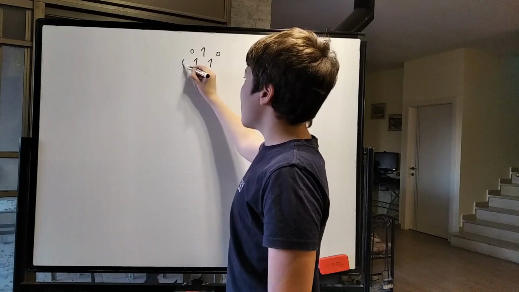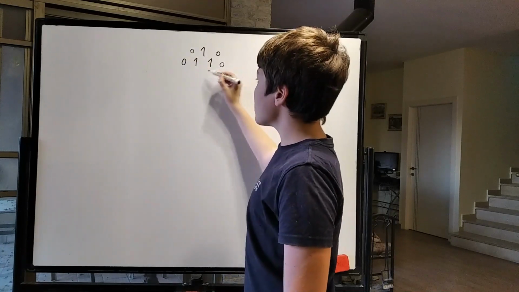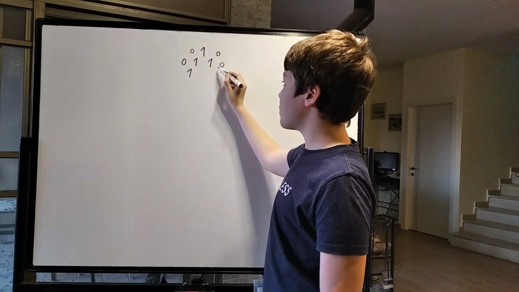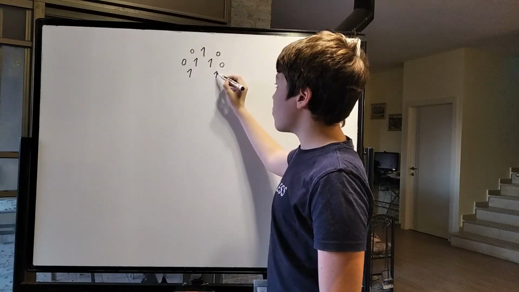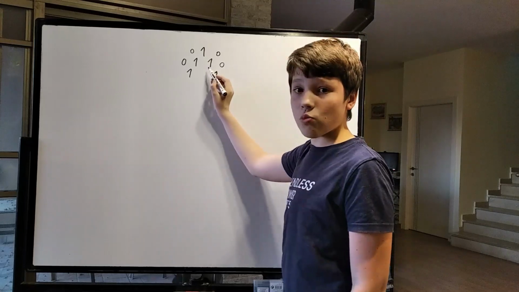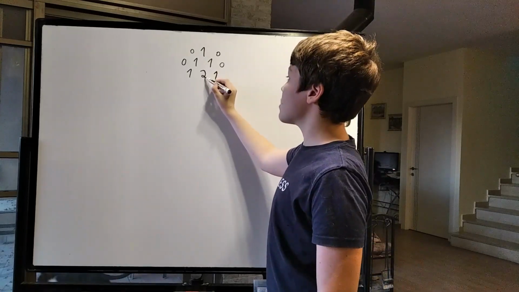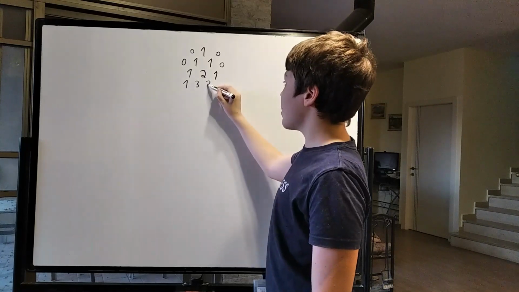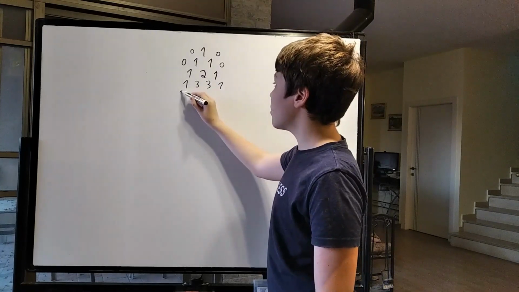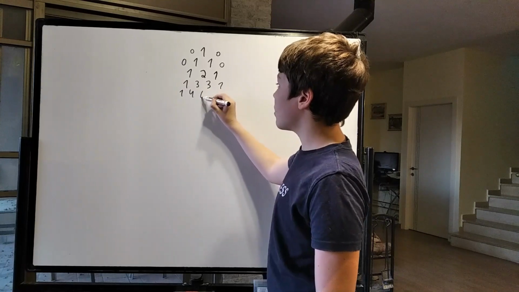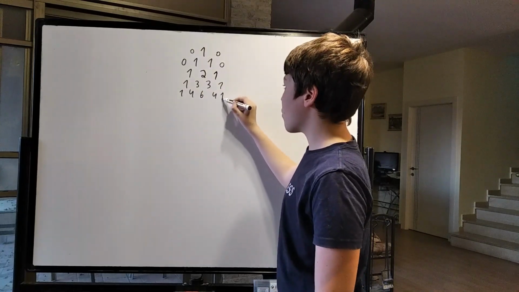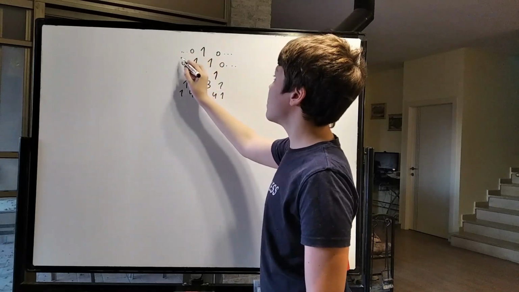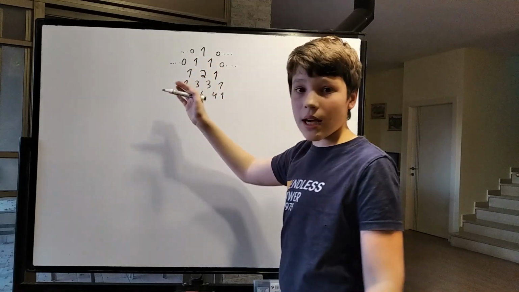Then the imaginary zeros have 0 plus 1, so this is a 1, 0 plus 1, this is a 1, but now 1 plus 1, this is a 2, and it keeps going. 1, 3, 3, 1, 1, 4, 6, 4, 1, and just these zeros, again going on to both sides to infinity.